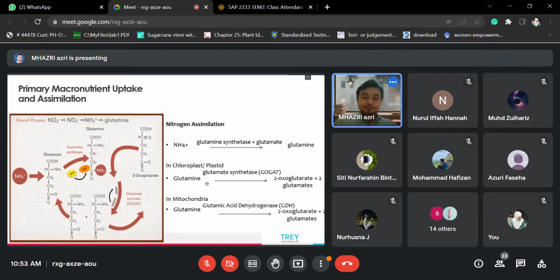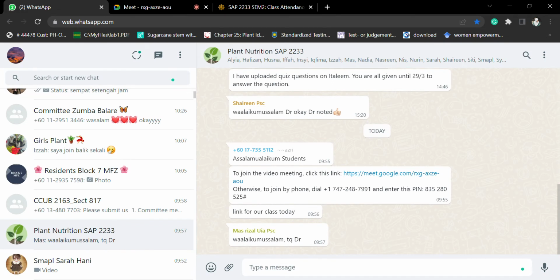So this is ammonia. Okay, whether it originated from salts or from reduction of nitrate. This ammonia will be incorporated into glutamate. Okay, so this is the glutamate molecular structure.